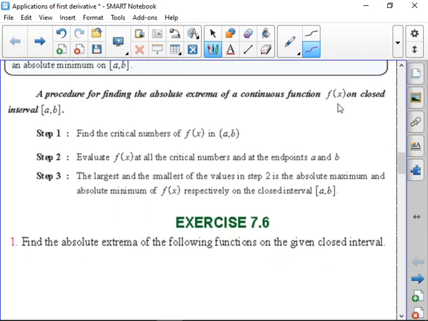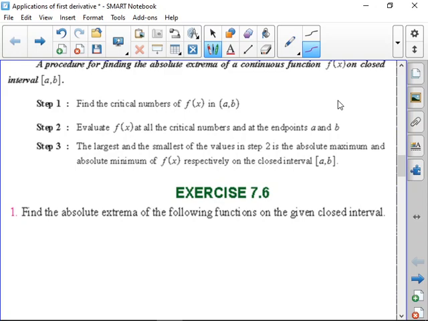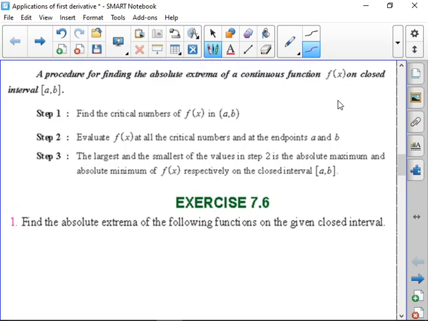Okay, now the procedure for finding absolute extrema of a continuous function f of x on a closed interval a comma b. Okay, what is step 1? Find the critical numbers of f of x in a comma b.